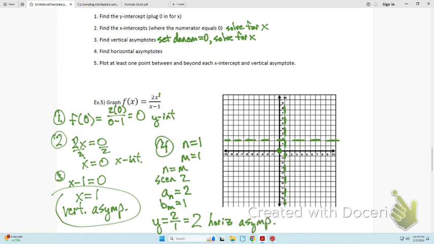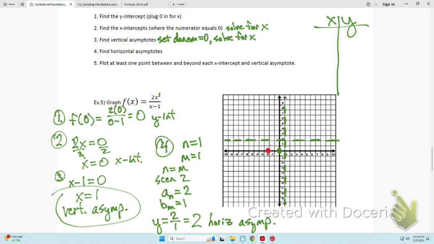Step 5, I'm out of room. I'm going to do it top right. So you want to make a table, and notice what I typed there. You need to plot at least 1 point on either side of the x-intercept and vertical asymptote. So let me change colors and note what we want to plug in. So I'm looking at the vertical asymptote.